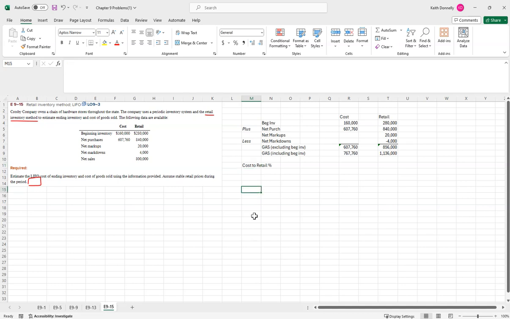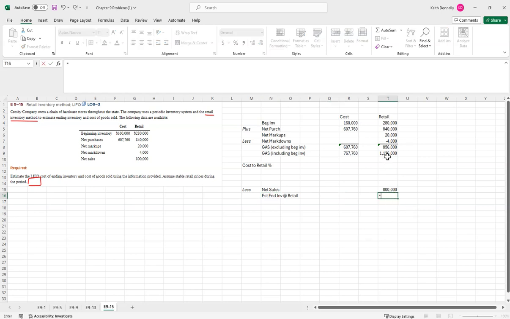Then we back out less our net sales, which is 800,000, so we can figure out our estimated ending inventory at retail.